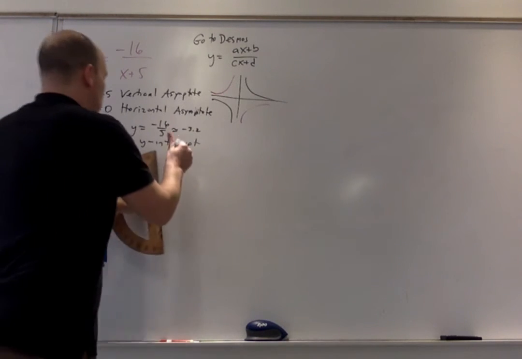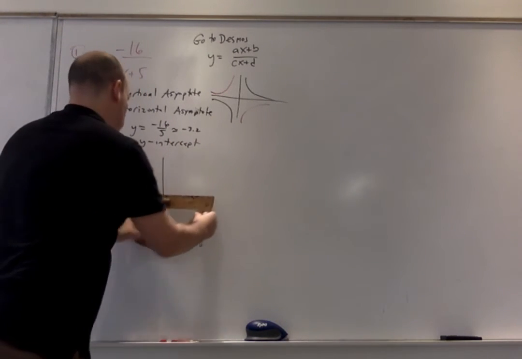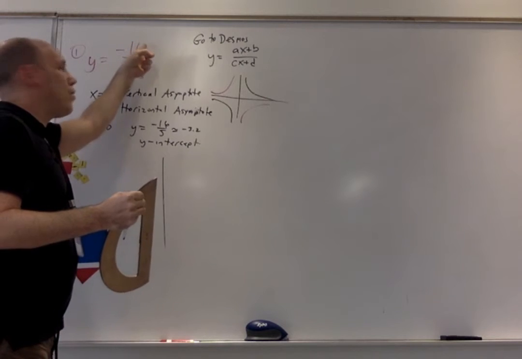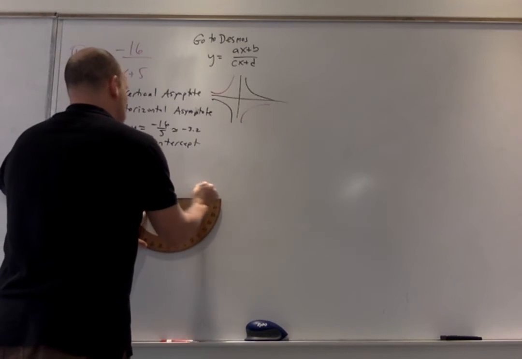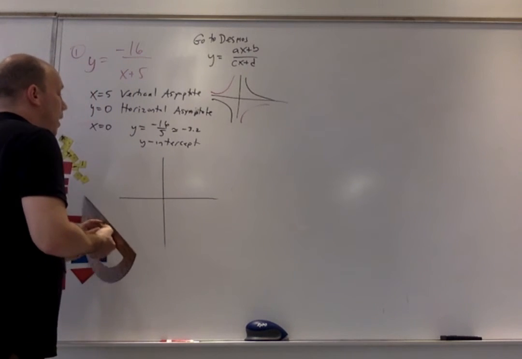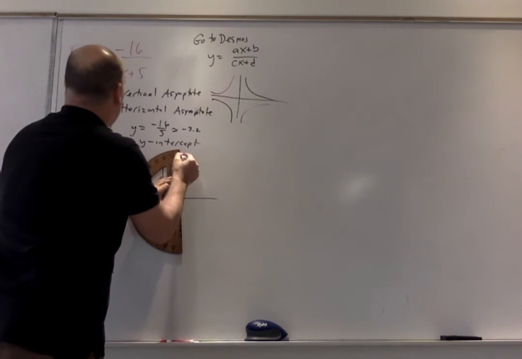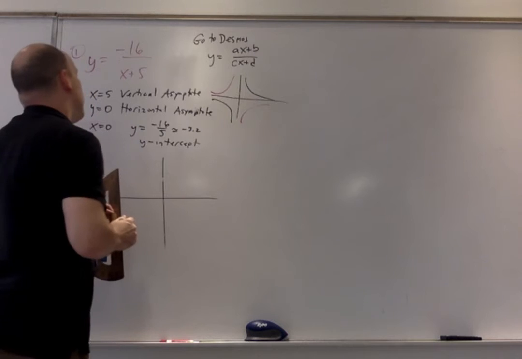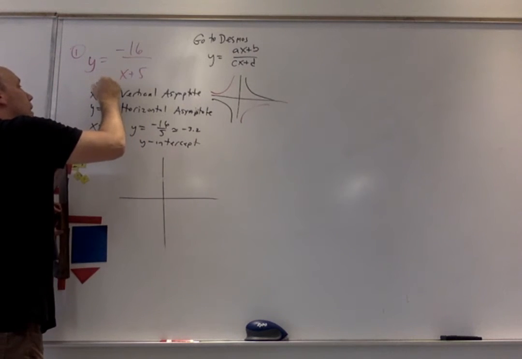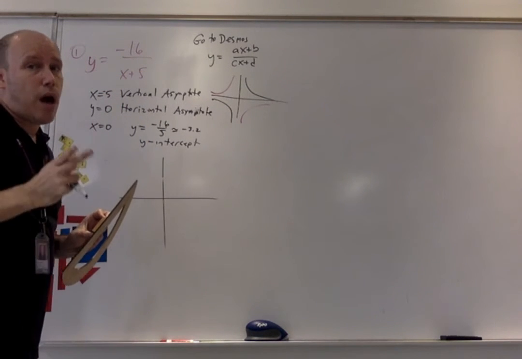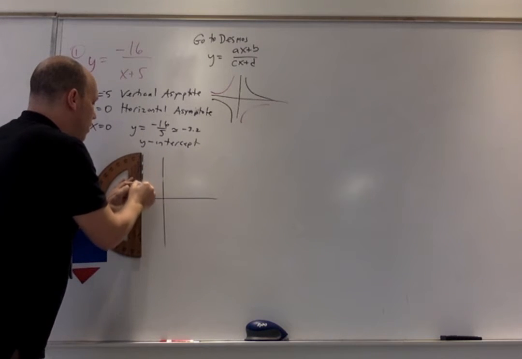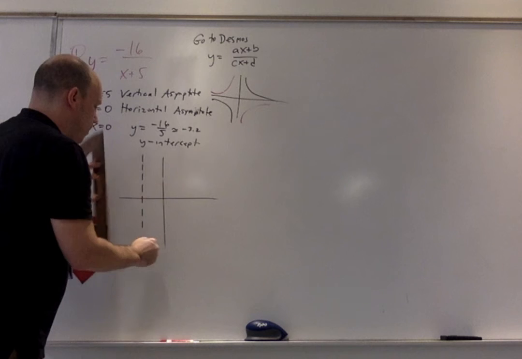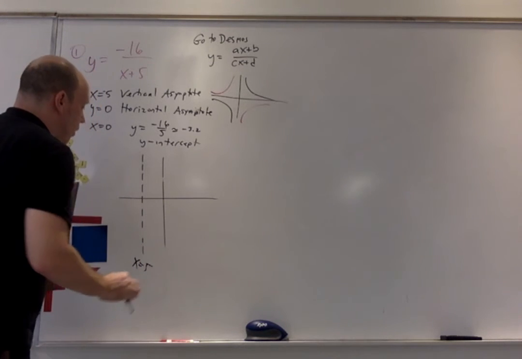Are there any zeros? No, there's no zeros here. So we're good. So we grab the two axes. I know that x equals negative 5 is the vertical asymptote.